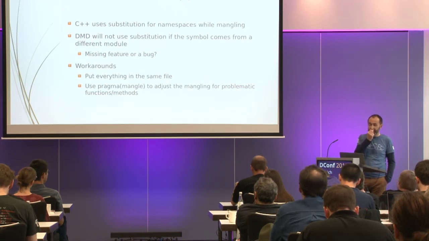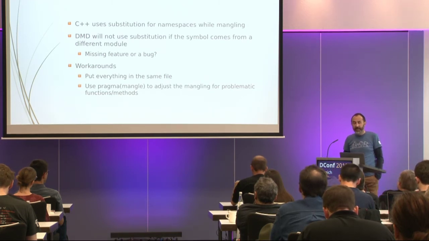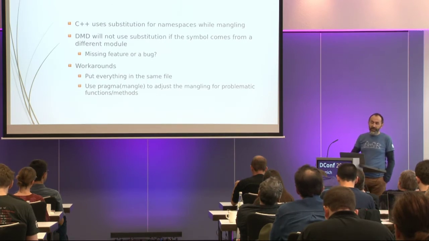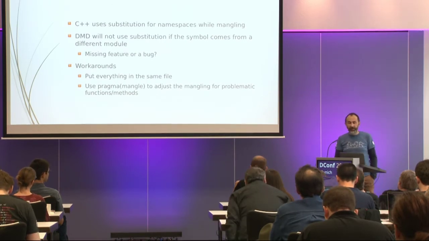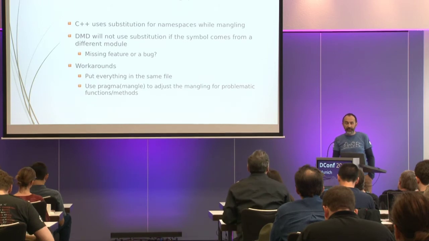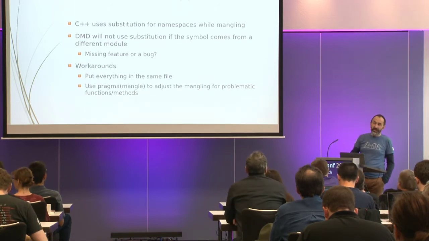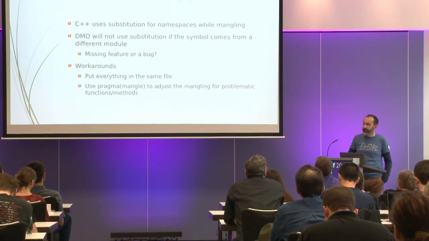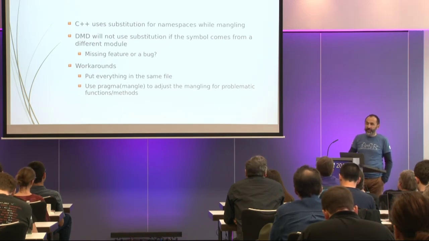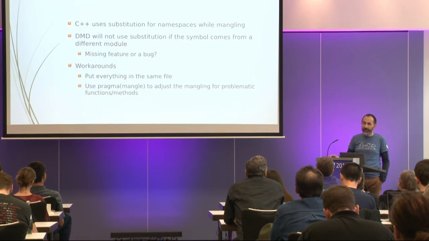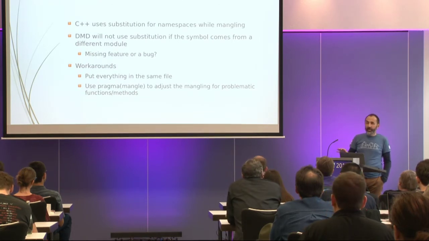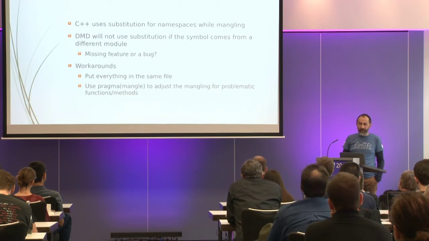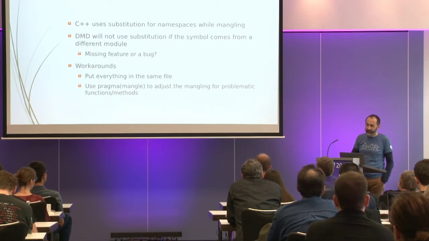After investigation, it turned out that the C++ compiler uses substitutions for the namespaces when mangling. And it also turns out that DMD does not handle this correctly in a special case where the function or method uses extern C++ symbols for parameters, and those symbols are in the same namespace but declared in a different file, so in a different module.